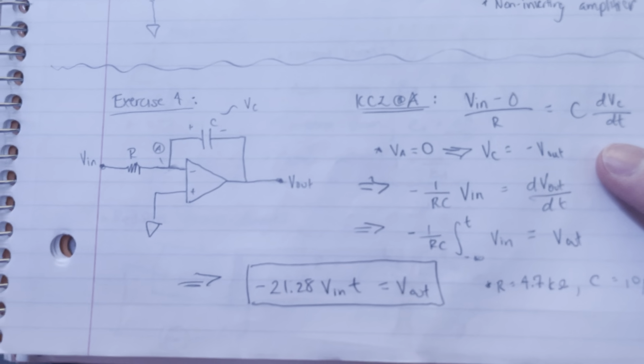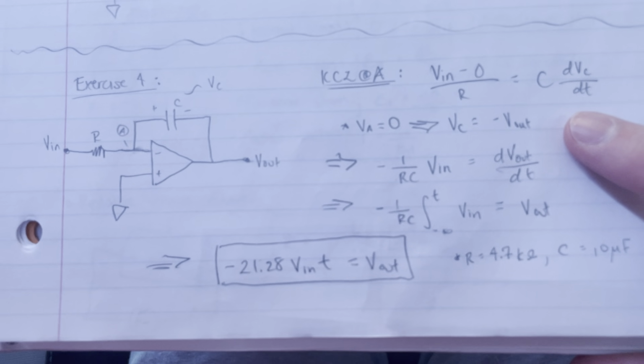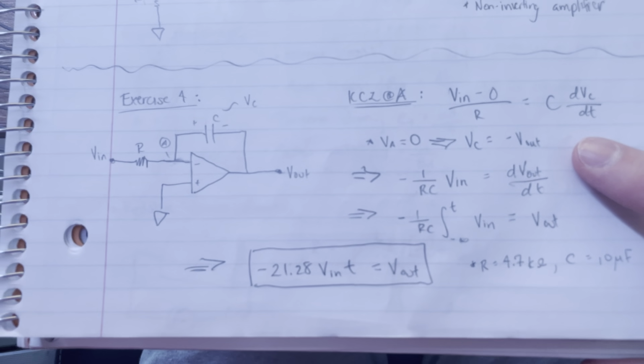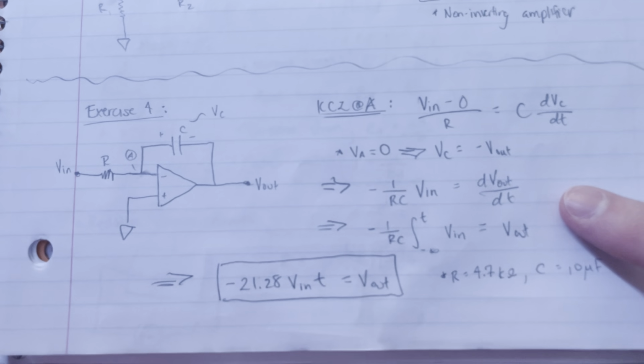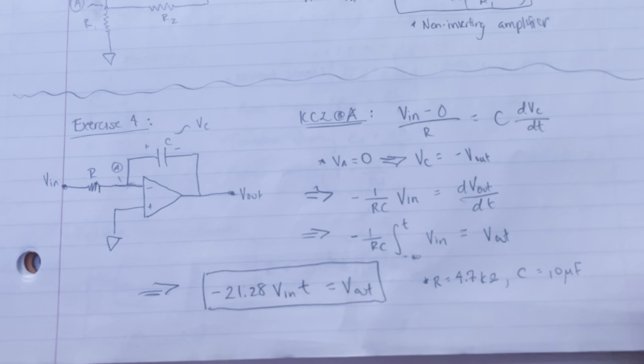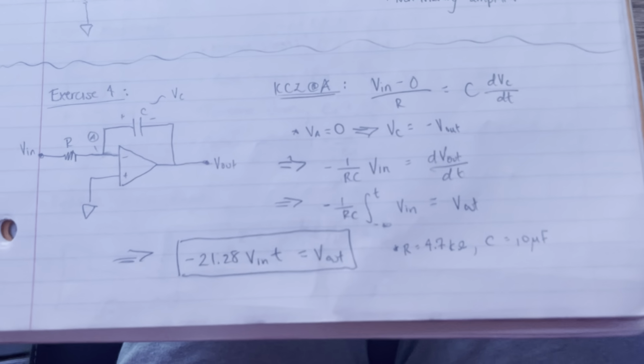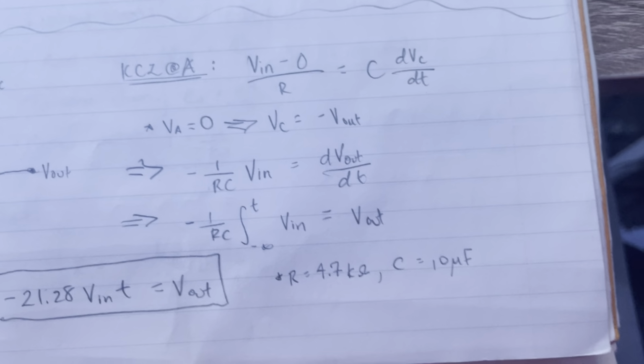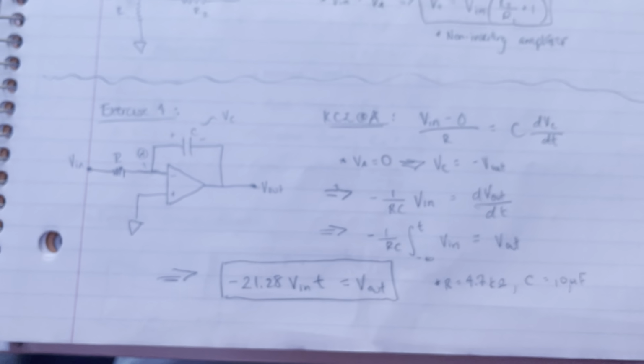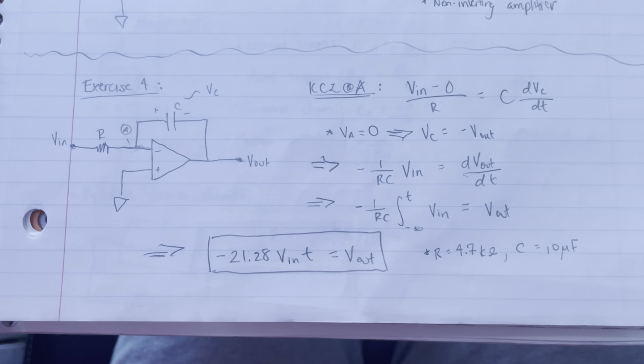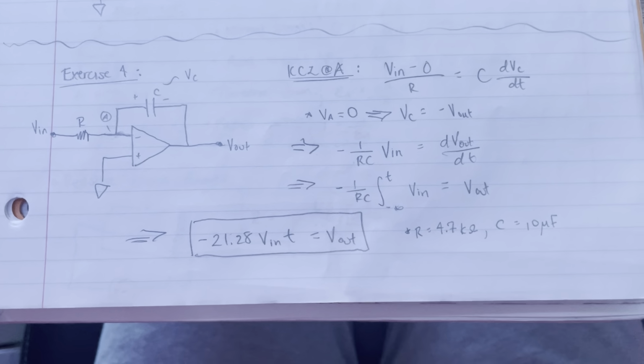I know that VA is equal to 0 and that VC is the same as -Vout. So plugging those values in and integrating gave me this relationship for Vout, and then plugging in the numbers given gave me -21.28 V·ns as that Vout.